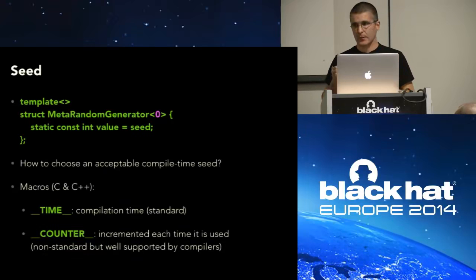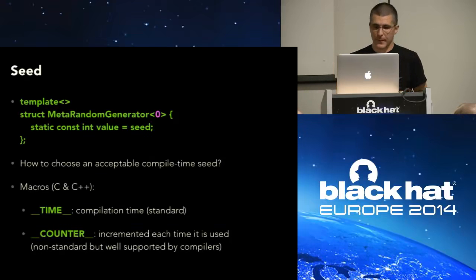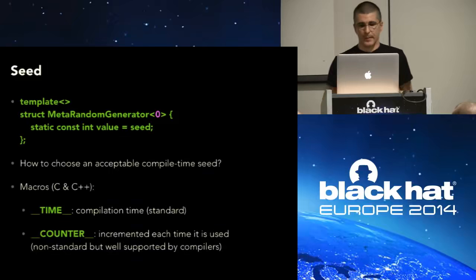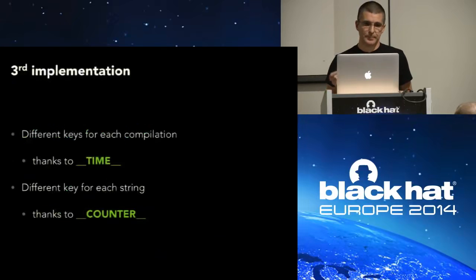But what I want is really a different key for each string. So I'm using another macro which is called __COUNTER__. It's not part of the standard, but it's well supported. It's supported by LLVM, Intel compilers, Microsoft, etc. And by combining time and counter, I'm able to generate a different key for each string and for each compilation.